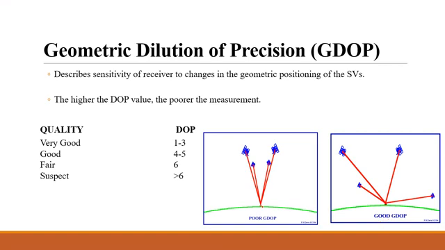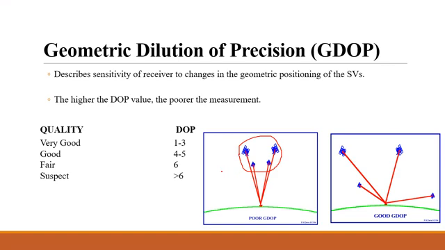If someone has a receiver here, and these are aligned too near to each other, it will not cover the original position of a receiver, and this will show the original position of a receiver.